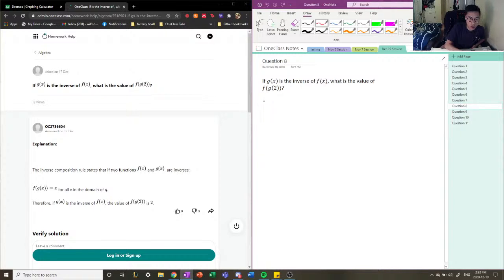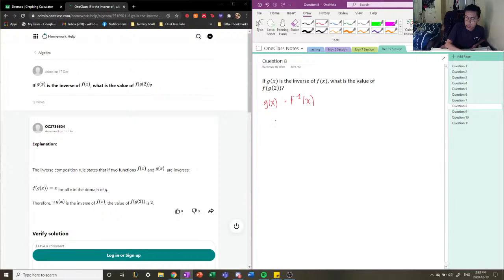Okay, so if g of x is equal to f inverse, this is the notation of the inverse function. So we have f to the power of negative 1 of x, right?